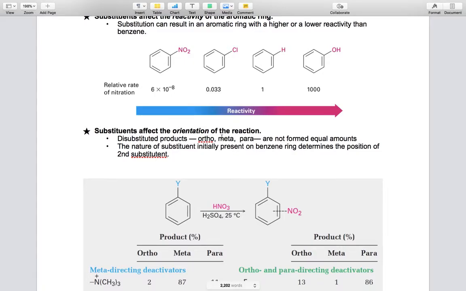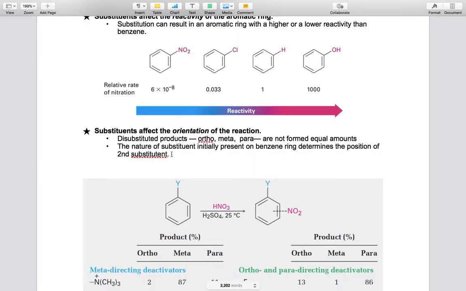Ortho, meta, and para are not formed in equal amounts. Okay? You will see the percentage of their products later in this picture.